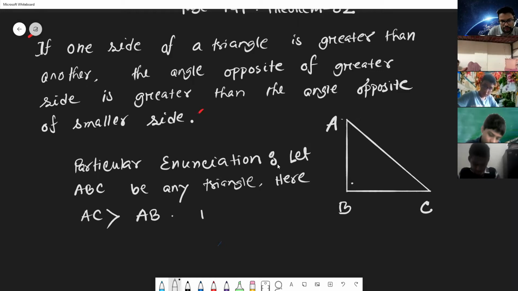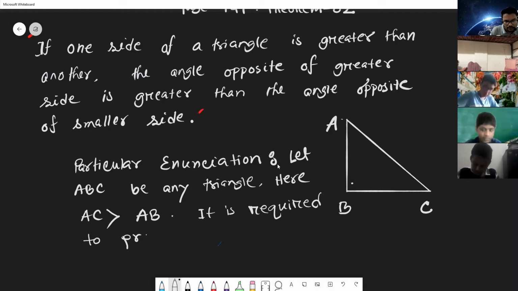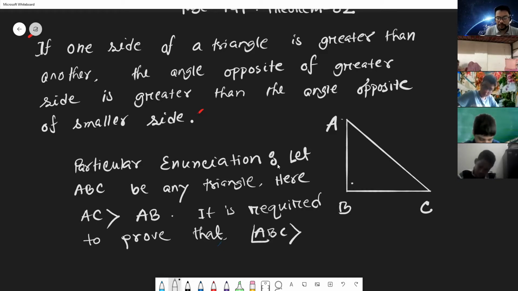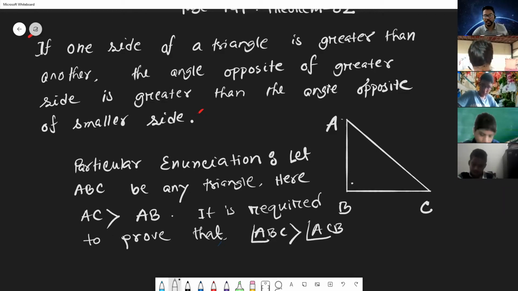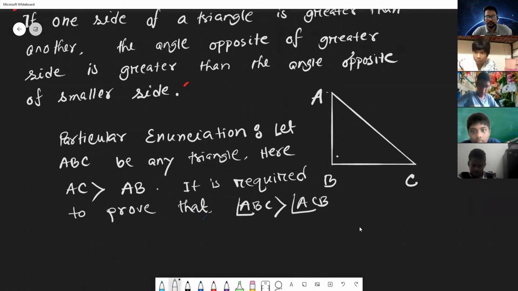It is required to prove that the greater side is AC, so its opposite angle is ABC, which is greater than the angle opposite AB. AB is the smaller side, so its opposite angle is ACB. This is our requirement. So please complete up to this particular enunciation.